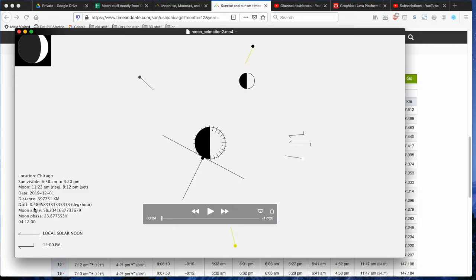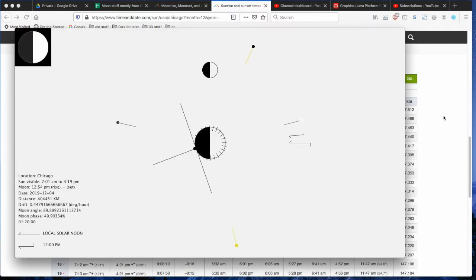The distance to the moon changes at midnight, as do the sun visible and moonrise, moonset times. The drift is calculated daily as well, but the moon angle and the moon phase are constantly calculated, and this is your local time.